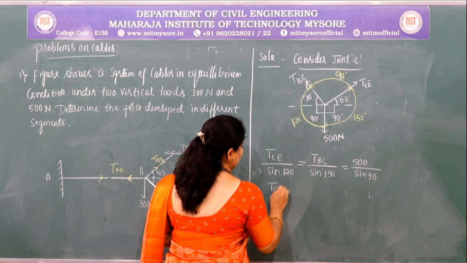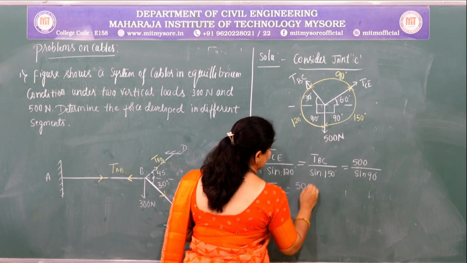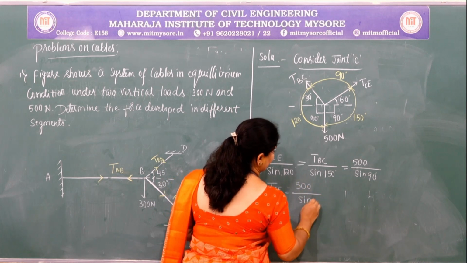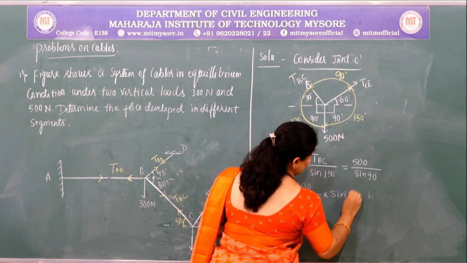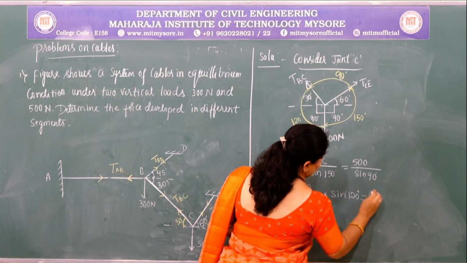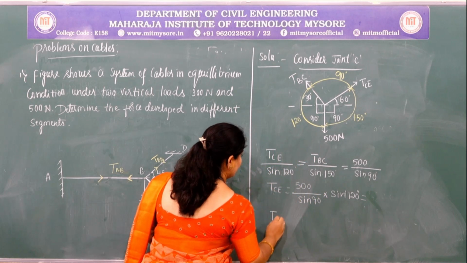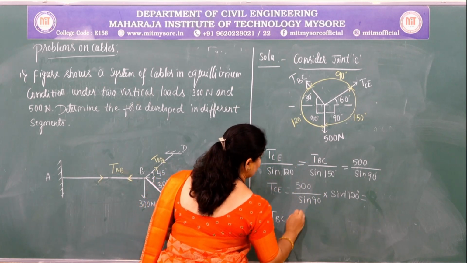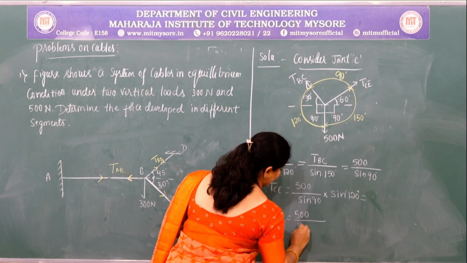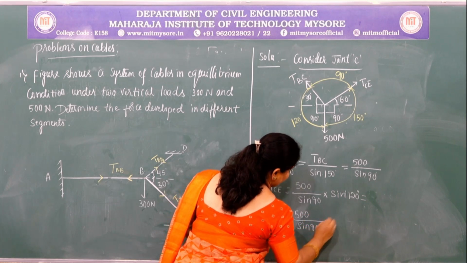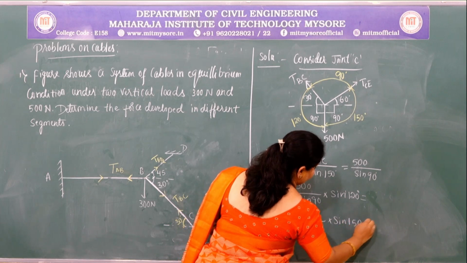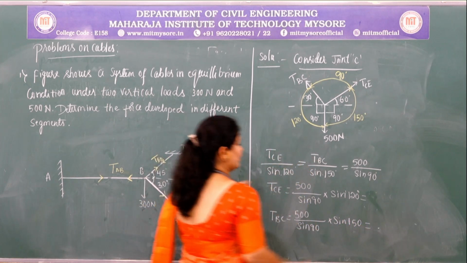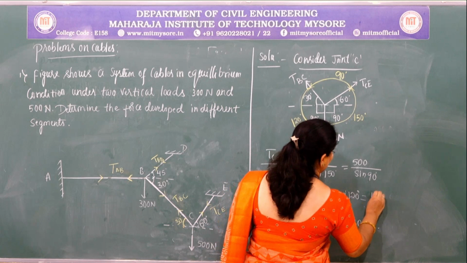So TCE is equal to 500 divided by sine 90 multiplied by sine 120, and TBC is equal to 500 divided by sine 90 multiplied by sine 150.